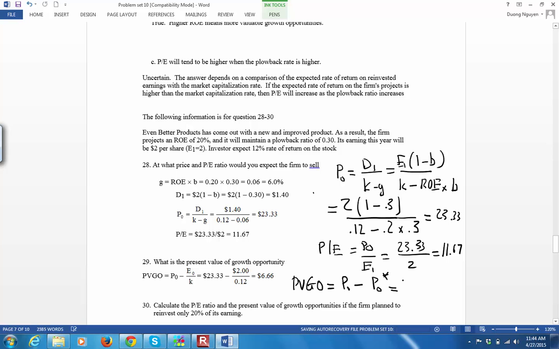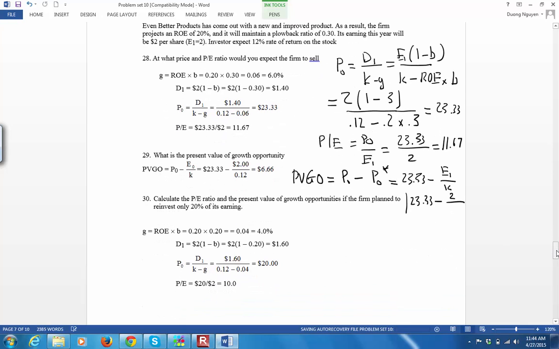So the price with growth is 23.33, the price without growth is E1 over K. So it is equal to 23.33 minus E1 over K. 2 over K, K is 12%, so 0.12. So 23.33 minus 2 over 0.12, and this is equal to 6.66.